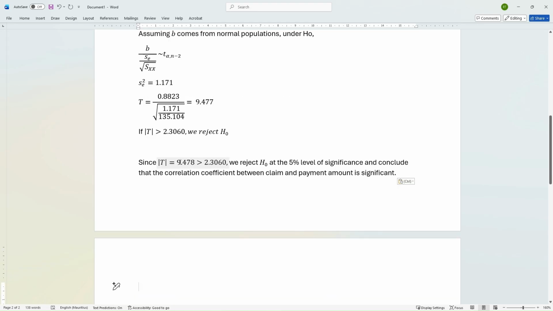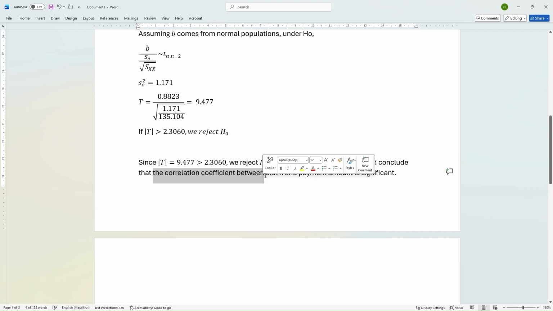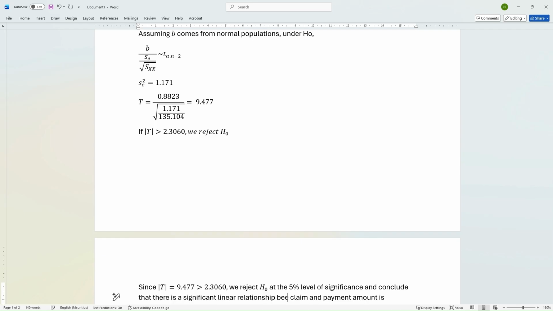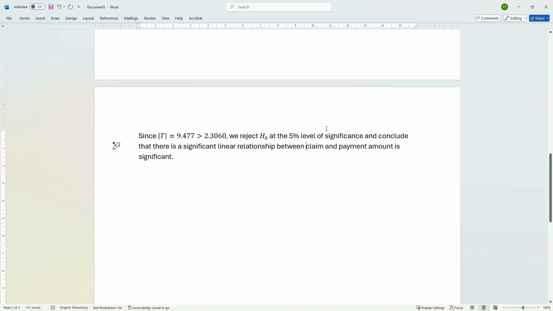Since t is equal to this, we reject the null hypothesis and conclude that there is a significant linear relationship between claim and payment amount.